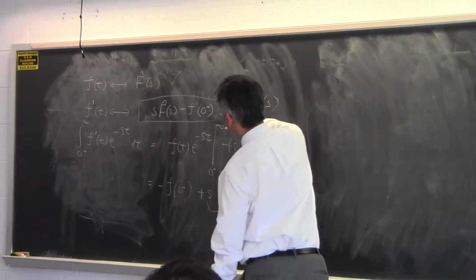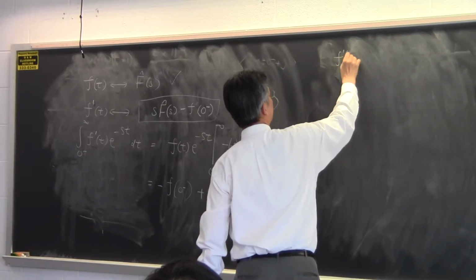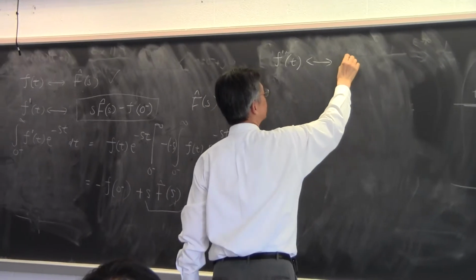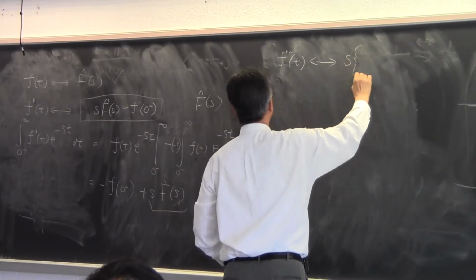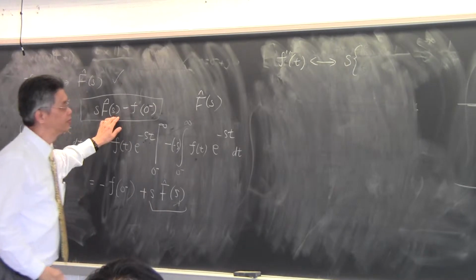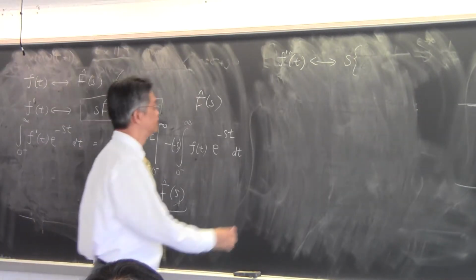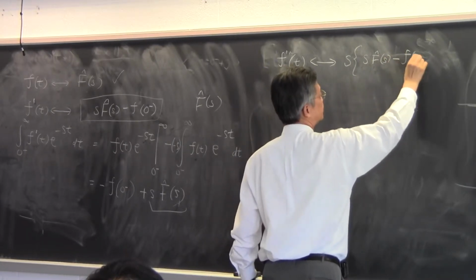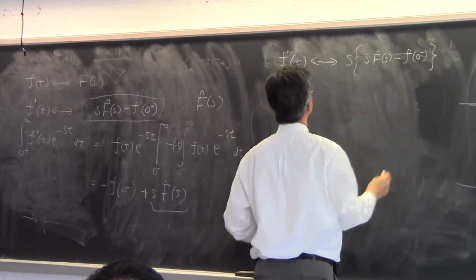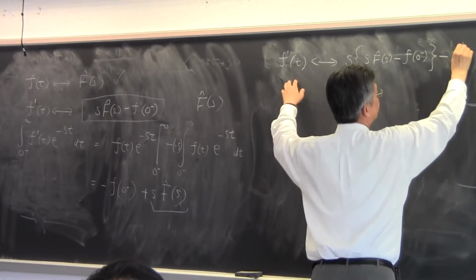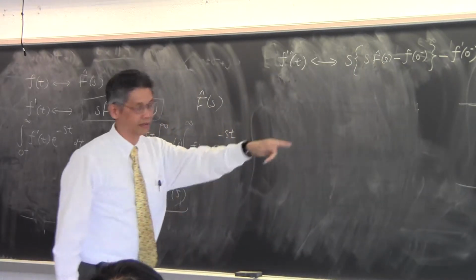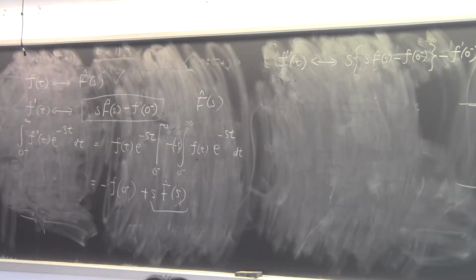If f prime of t Laplace transforms to that, f double prime of t would Laplace transform to s times the Laplace transform of f prime of t, which is s f hat of s minus f of 0 minus, and then minus f prime of 0. Actually, it doesn't matter whether you put 0 or 0 minus. As you can see from the derivation, it doesn't matter as long as that function is clearly defined over there.